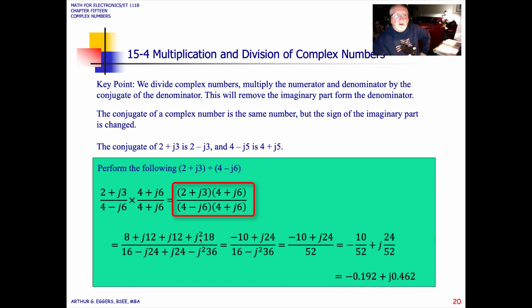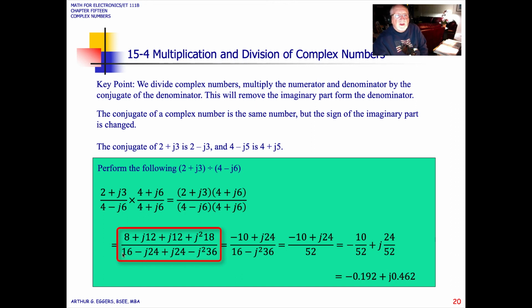And so down here you can see we've got all of those expansions that have occurred in the numerator and the denominator. What that complex conjugate has done is eliminate the j in the denominator, and that's something that we usually always try to do. We try to get rid of that j in the denominator.